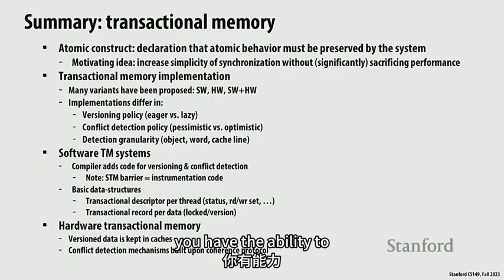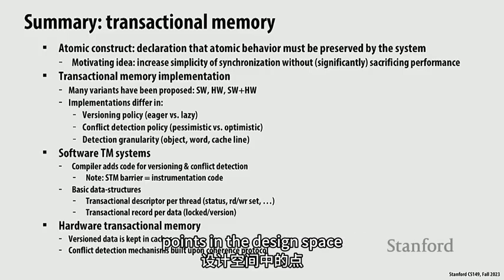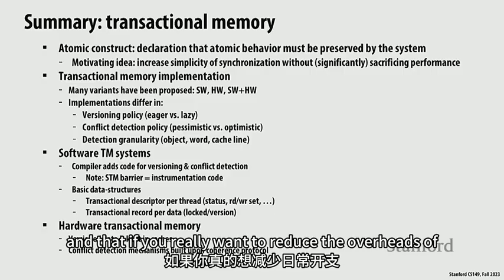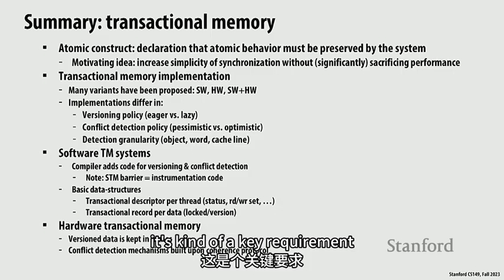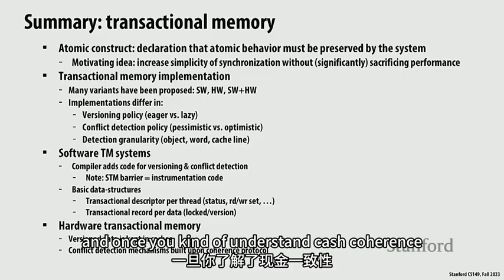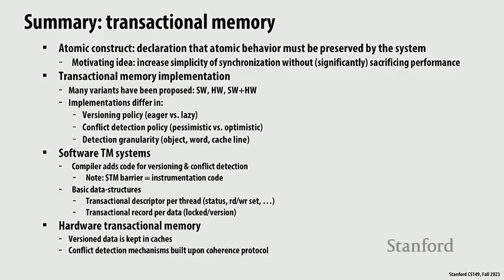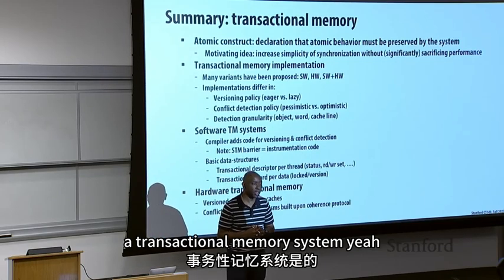You have the ability to make trade-offs between different points in the design space. If you really want to reduce the overheads of software, then hardware is kind of a key requirement. And once you understand cache coherence, it's a minor delta to understanding how you would implement a transactional memory system.